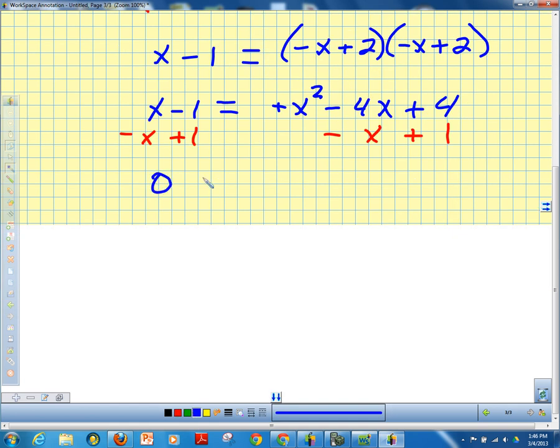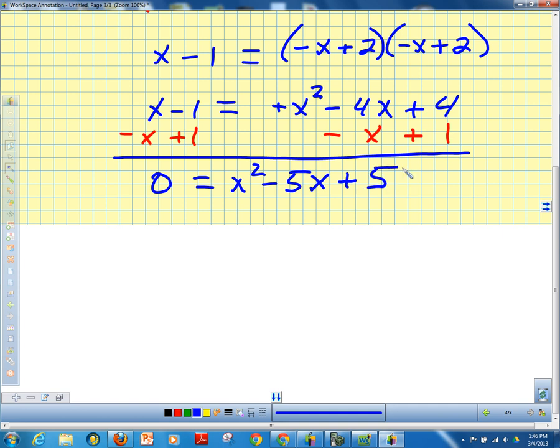So we get 0 equals x squared minus 5x plus 5. And if you want to know if it factors or not, it doesn't. But if you have trouble figuring that out, you can always do the cross, a times c on top, b on the bottom, so I'd have 5 on top and negative 5 on the bottom.